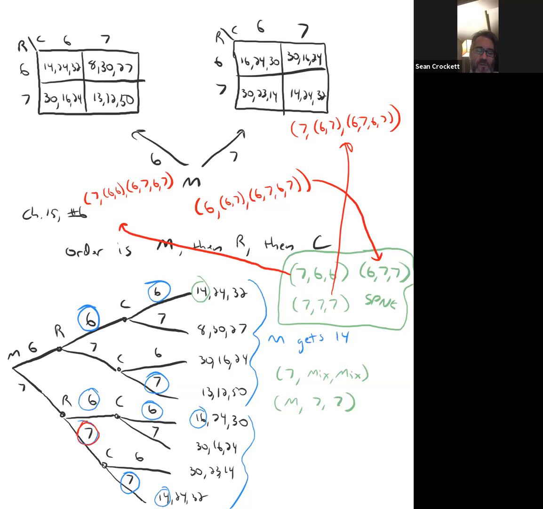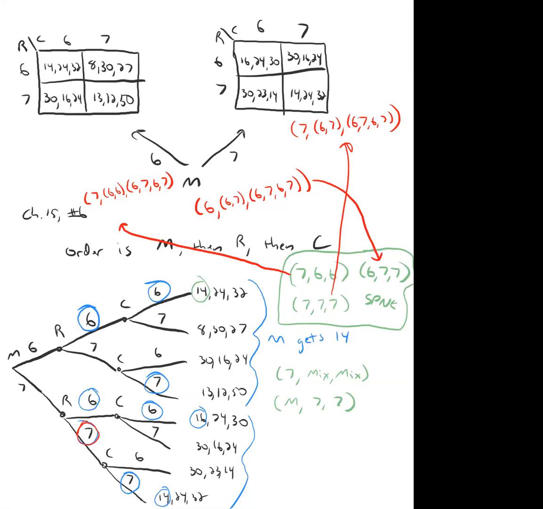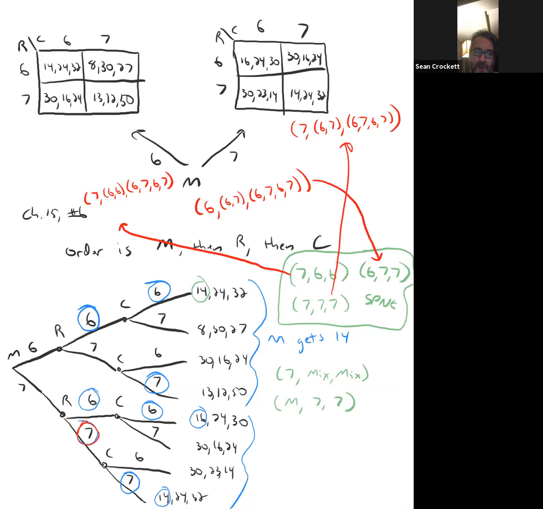That's the strategy of player R. And then for C, if you play 6, I play 6 or 7, and then if you play 7, I play 6 or 7. So if I'm in the top information set: if 6, 6, I pick 6. If 6, 7, I pick 7. If 7, 6, I pick 6. If 7, 7, I pick 7.